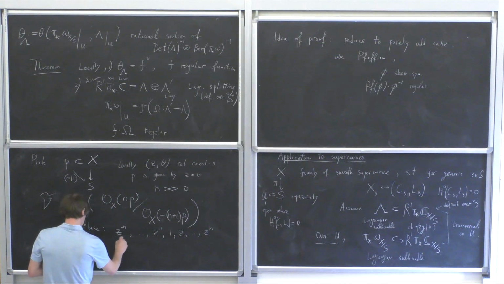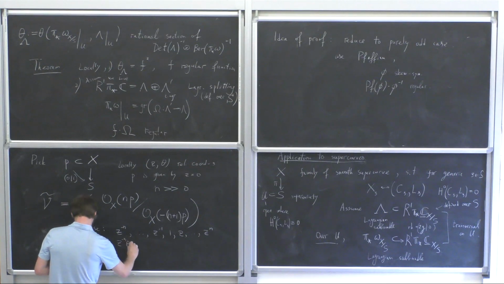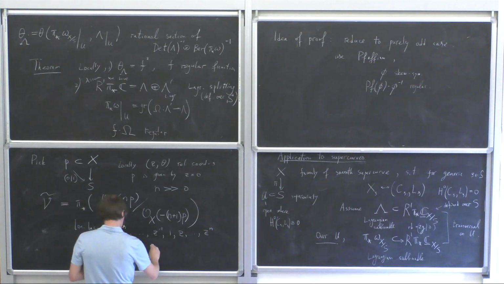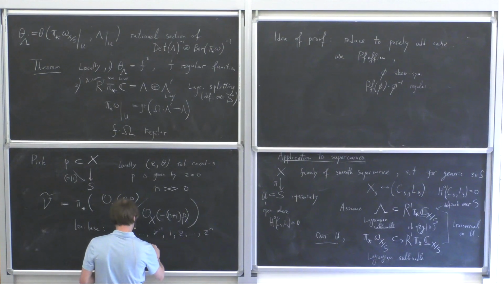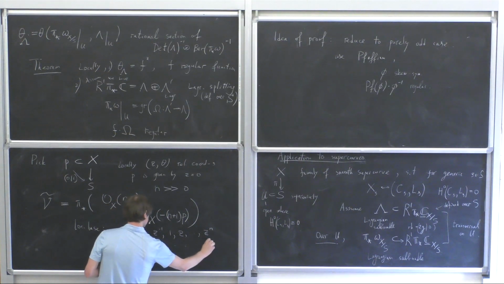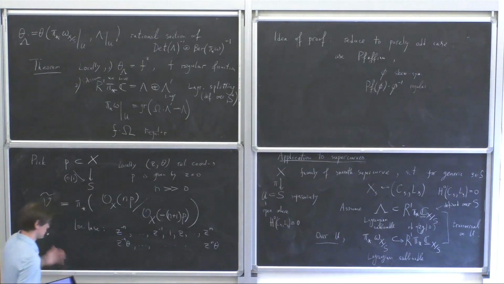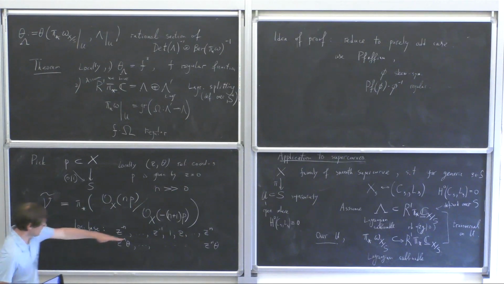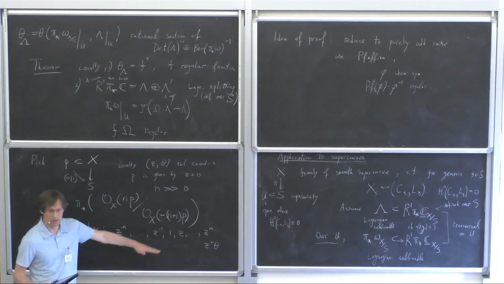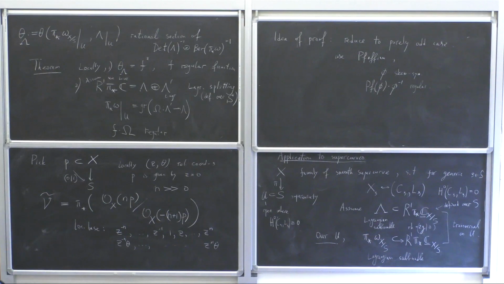And also you have the same guys multiplied with theta. And so you see that it has an equal number of even and odd dimensions. And so there is a natural skew-symmetric form on it.